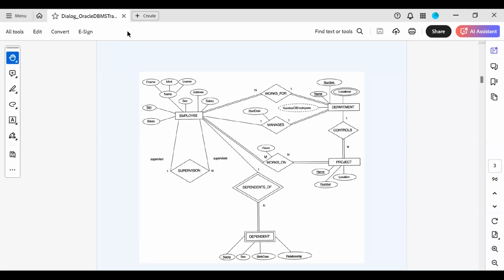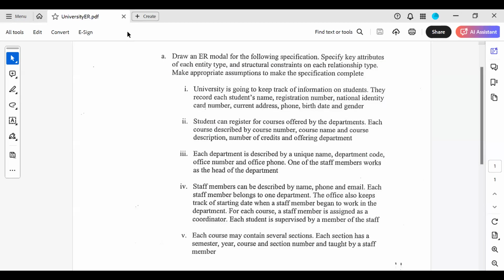So here is the description. You can start working on this. I will give you about 5 minutes. Can you figure out what the entity types are? You can give me the answer in the chat.